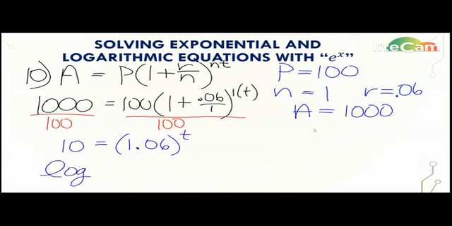Okay, before we start the log, let's just do one thing. The compound means how many times it is calculated throughout the year, okay? So if I'm going to only calculate this one time throughout the year, then I'm going to look at just once in the year.